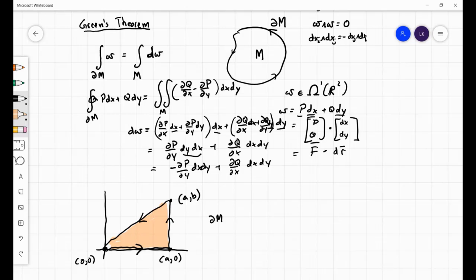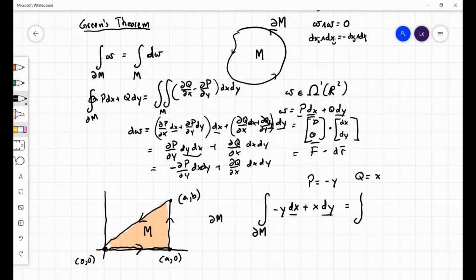The interior, I guess. And suppose you want to do an integral over the boundary of that triangle, and you're integrating minus y dx plus x dy. We could have picked something more complicated, but whatever. So according to Stokes' theorem, Green's theorem, p is the thing that multiplies dx, and q is the thing that multiplies dy.